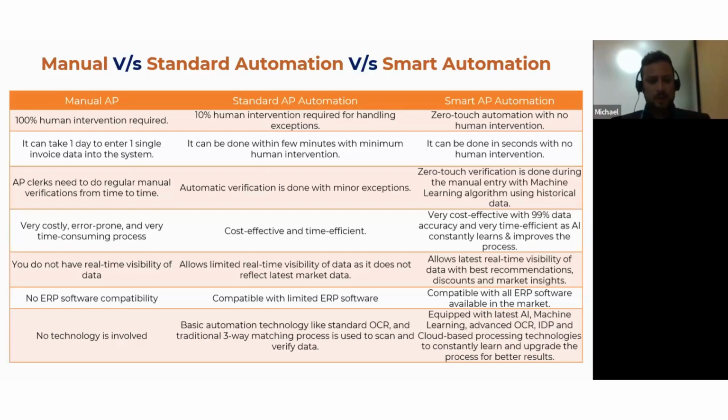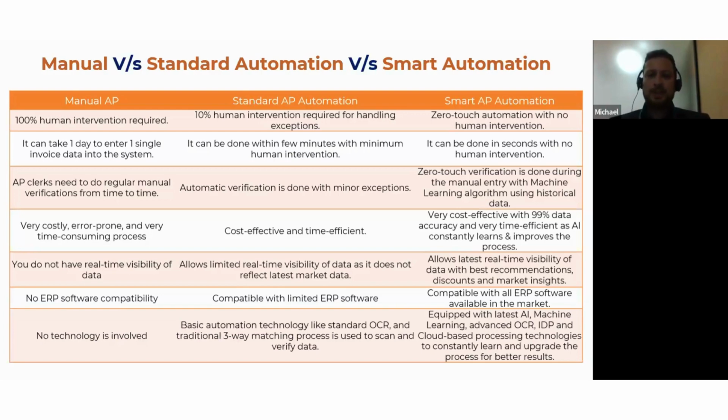And when you assign AP clerks, when you do the manual process, there has to be a manual verification done from time to time, right? With the standard automation process, you still have a couple of minor exceptions.